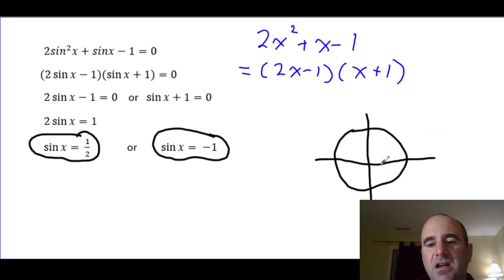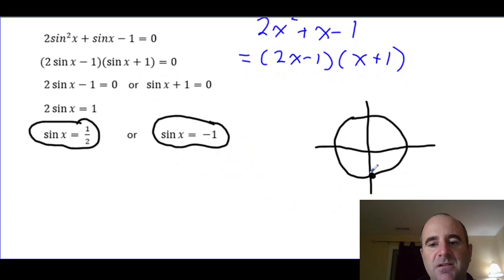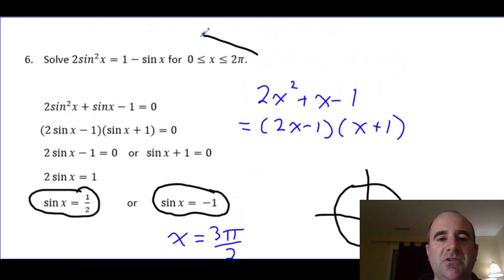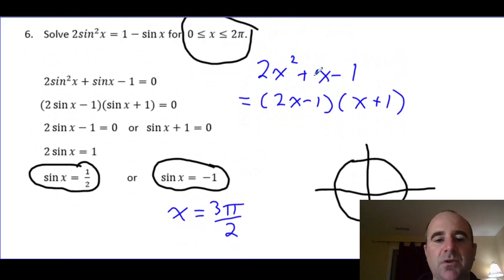So the sine of an angle could be thought of as the y coordinate on the unit circle. So when is the y coordinate on the unit circle equal to negative 1? Well, only in one place, and that's right here. So that answer is 3 pi over 2. And in this case, we're not worried about answers that are not between 0 and 2 pi, because that's what we asked for.